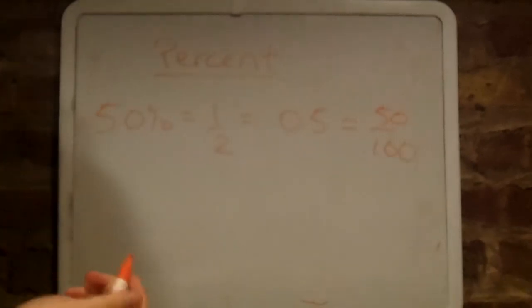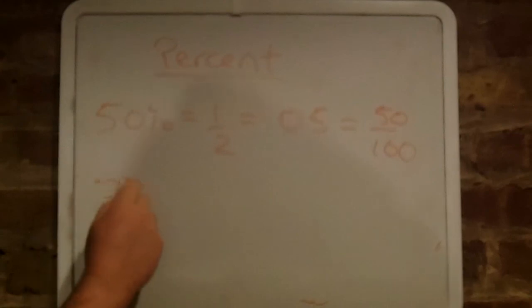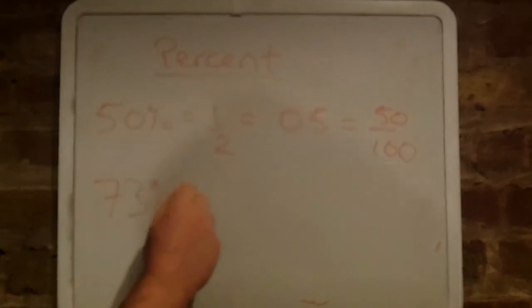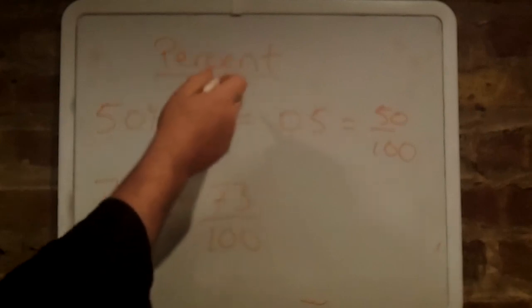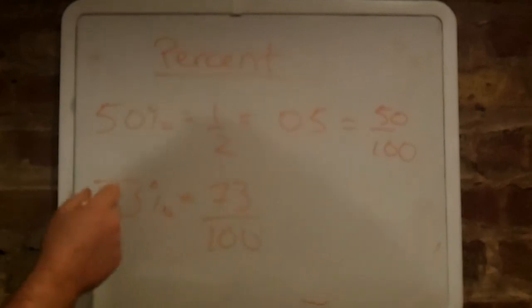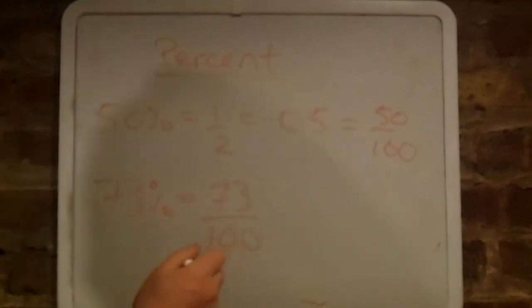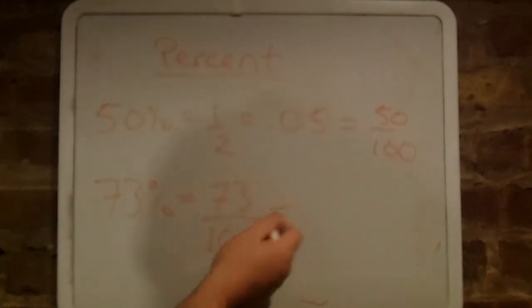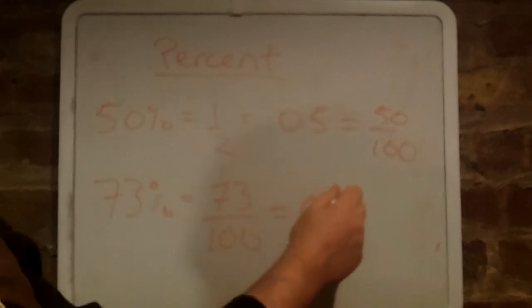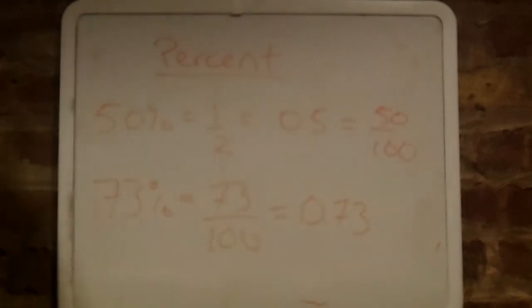To convert a percent to a fraction, if I have, say, 73%, this is the same as 73 out of 100. Percent literally means per 100. So if you have 73%, that's 73 out of 100. And as a decimal, that would of course be 0.73. So converting between fractions, decimals, and percent is pretty straightforward. Nothing too hard going on there.